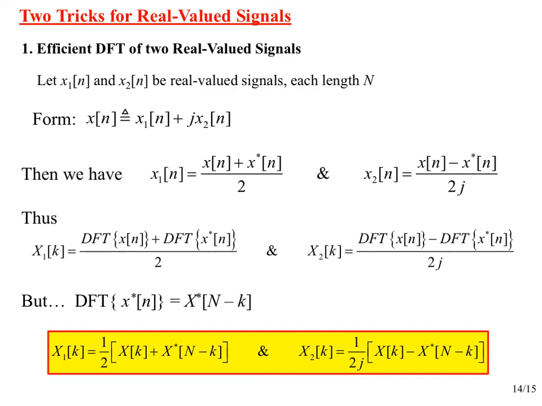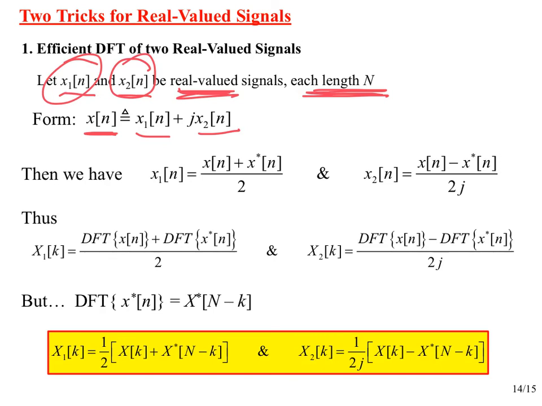So here's the idea. Suppose I've got x1 of n and x2 of n, both real valued signals, both length n, and I'd like to have the DFT of x1 and the DFT of x2. So here's the trick. You shove x1 into the real part. You shove x2 in as the imaginary part of some new signal that we'll just call x. Keep that in mind, but let's think about if I had x, how would I get x1 and x2 back? Because that's the key to understanding how this works.